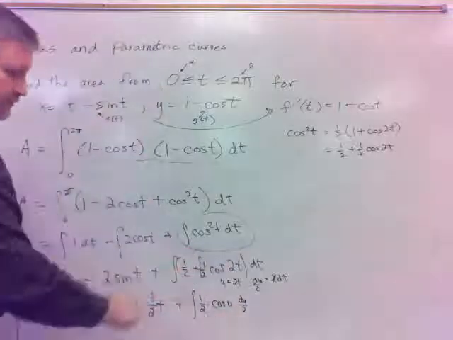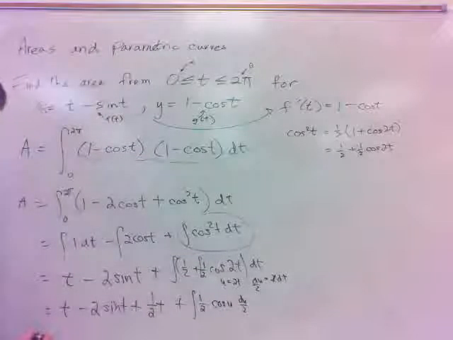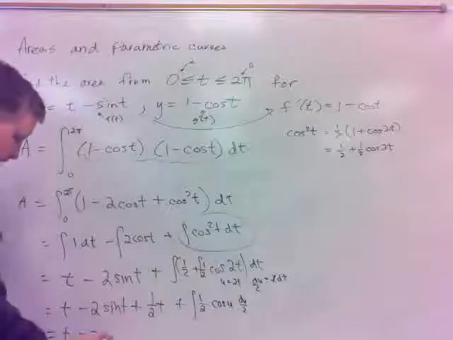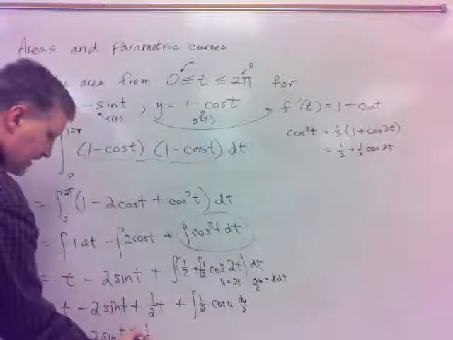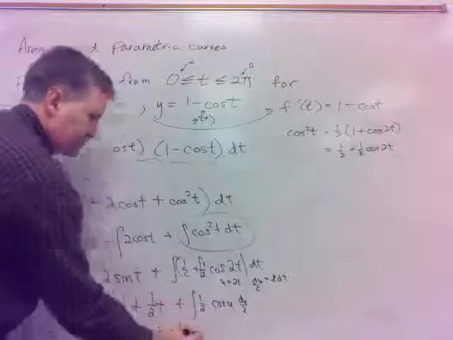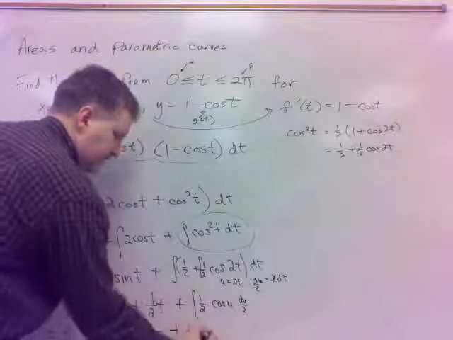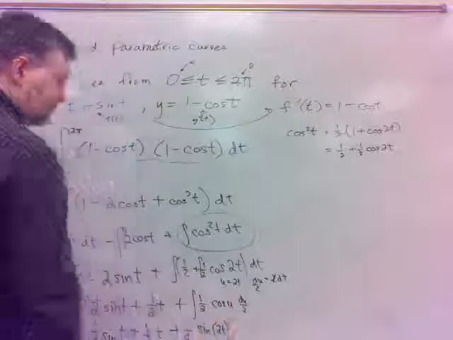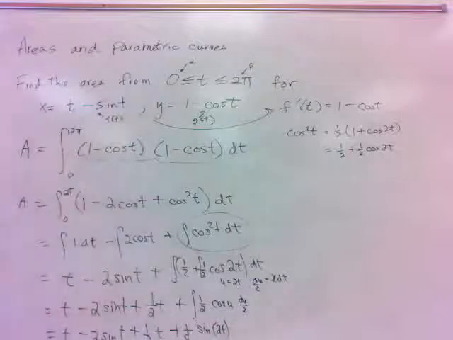That's just 1/4 cosine u. So the antiderivative, we have t minus 2 sine t plus 1/2 t plus 1/4. The antiderivative of cosine is sine of u, but u is 2t. So 1/4 sine of 2t is what I get there.